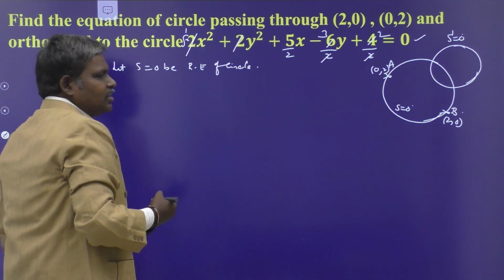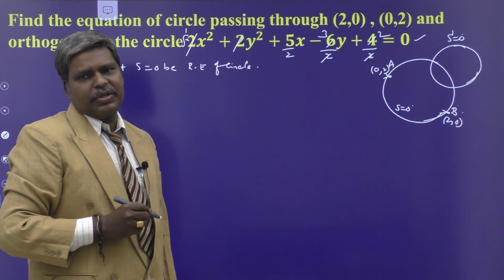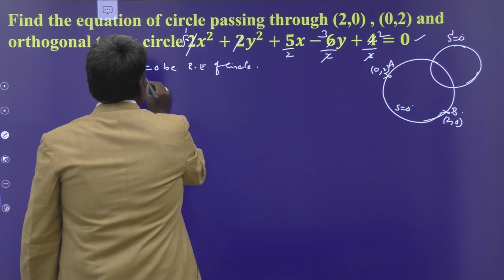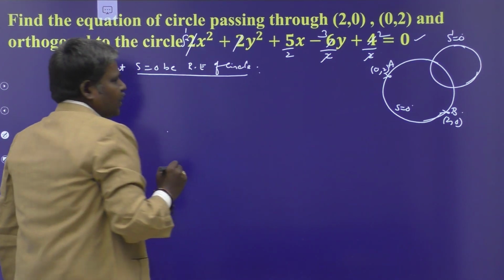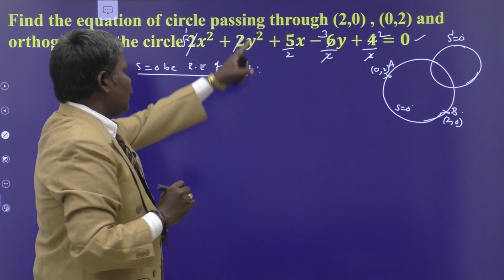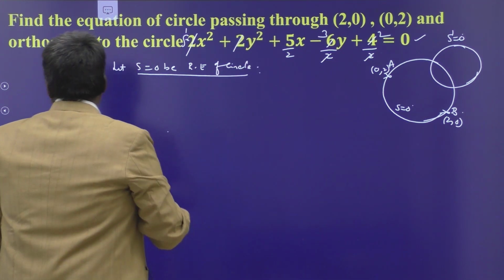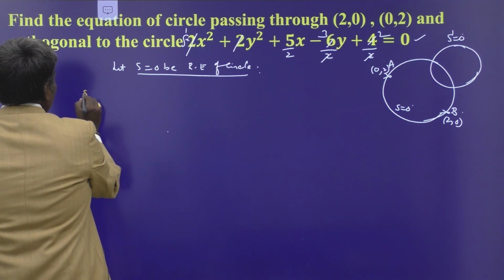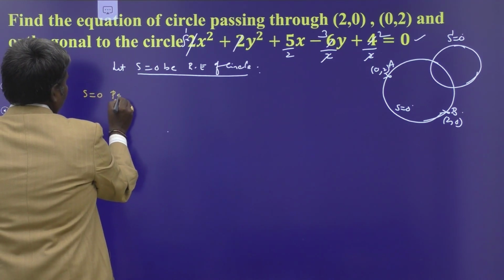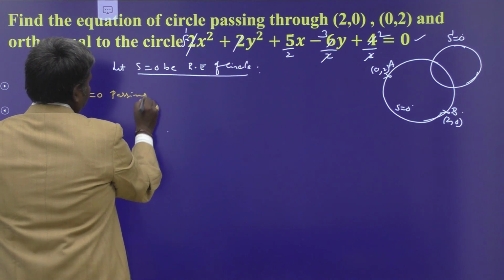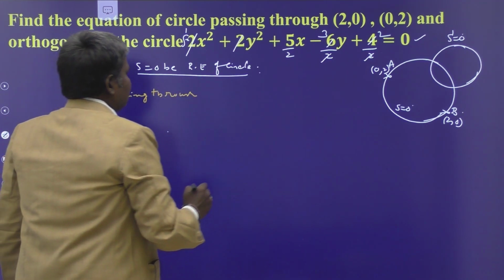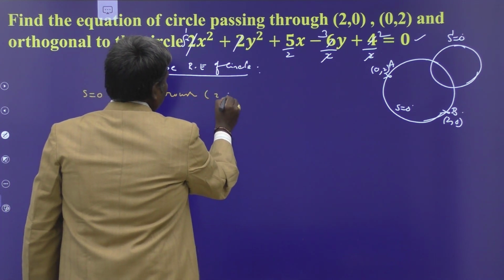S = 0 means x² + y² + 2gx + 2fy + c = 0. This is the required equation of circle. We have to find out f, g, c values by using the given conditions. What is the first condition here? S = 0 passing through (2, 0).